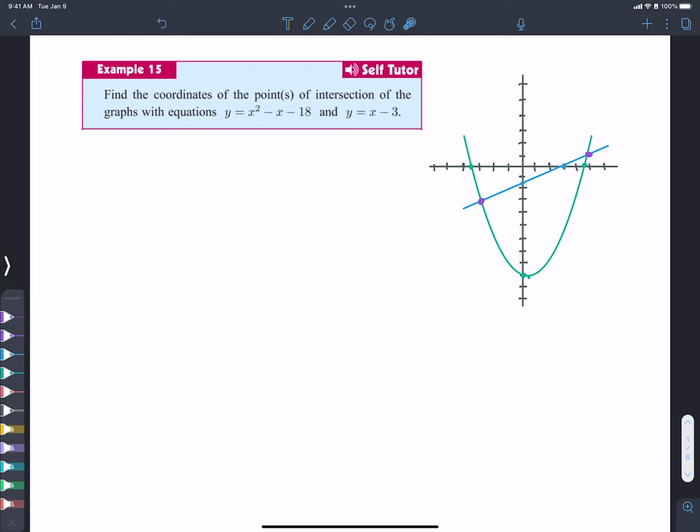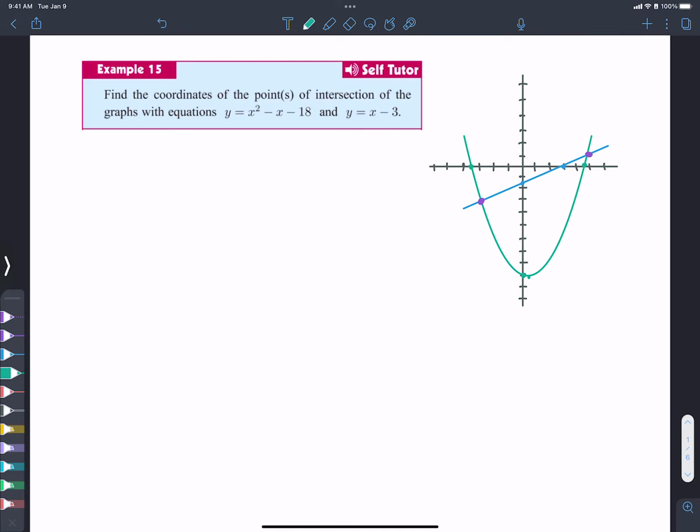So we can see that the blue line is going to cut through the x-axis at one spot. The green quadratic is going to cut through at two specific spots. And here in the purple spots is where the linear equation is cutting through the quadratic.